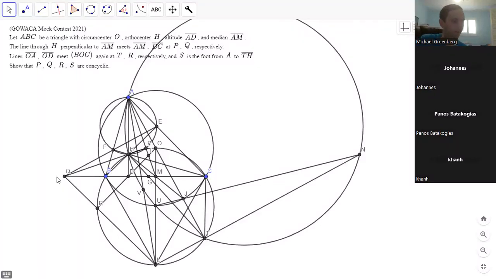Okay, can you continue? Sure. Since this is the polar of D, angle QRI equals 90, and angle QPI is 90, because P is the Humpty point. So QPIR is cyclic. Nice. Thank you. You're welcome.